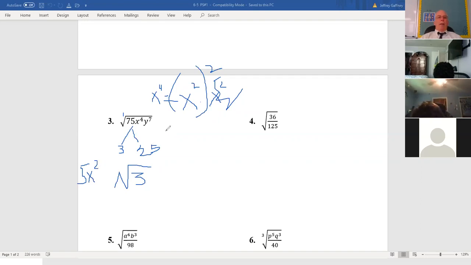Now I've got y to the 7th. So I'm not going to write it down just because my writing is so messy. It's the same as y to the 3rd times y to the 3rd times y, right? So that y to the 7th is going to come out from under the radical as y to the 3rd, right?